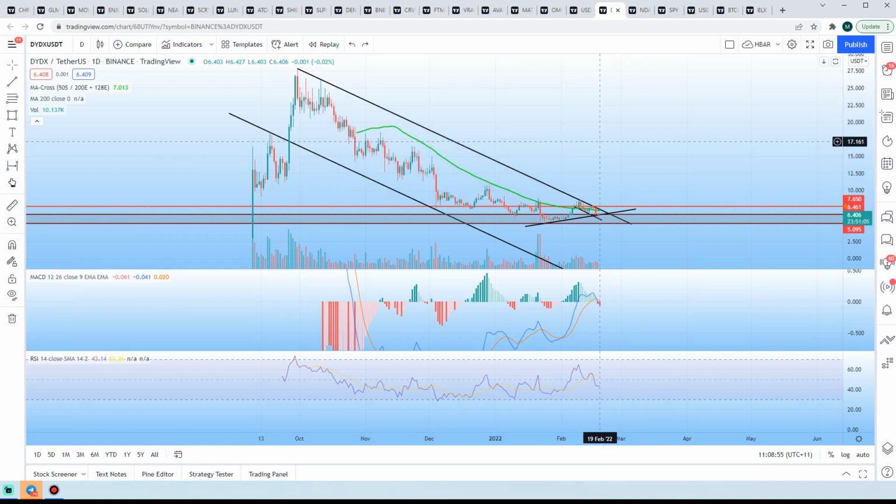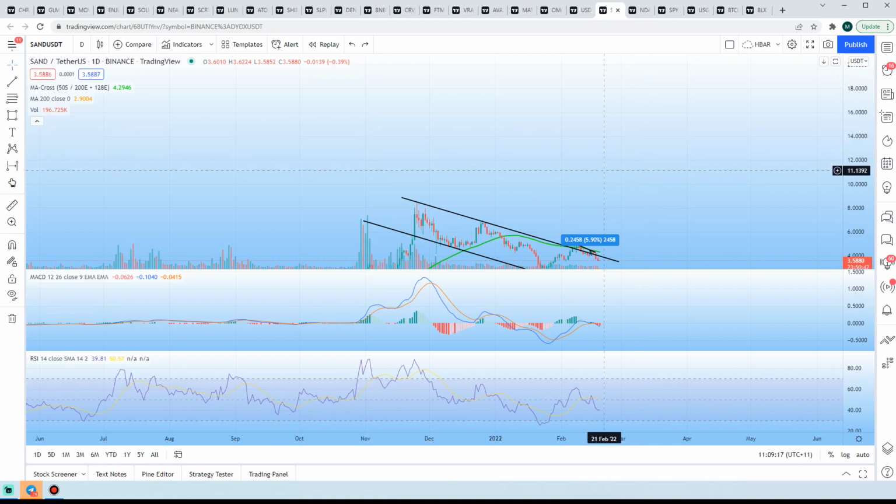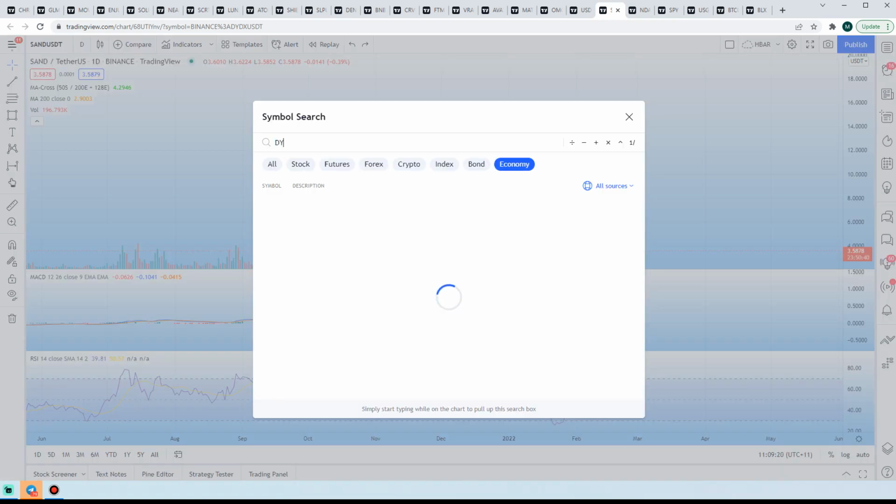And I like to describe consolidations as you imagine a pressure cooker. The longer it's on the heat, the more the pressure increases, and it can obviously explode. It's exactly the same as these consolidation patterns. The longer and the wider the channel, the more pressure building up, the more explosive the move is going to be. Let's go back to our DYDX chart.